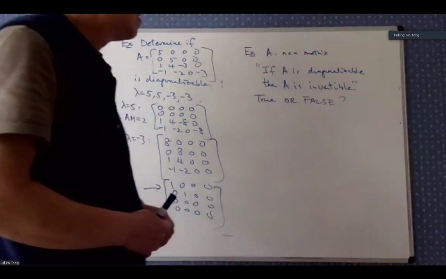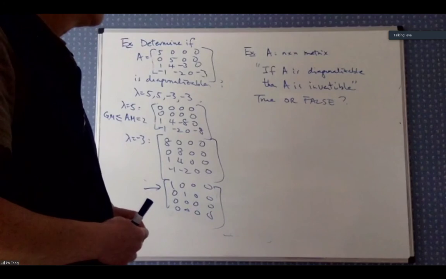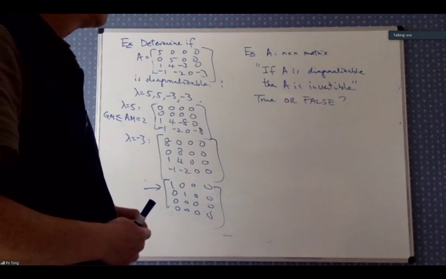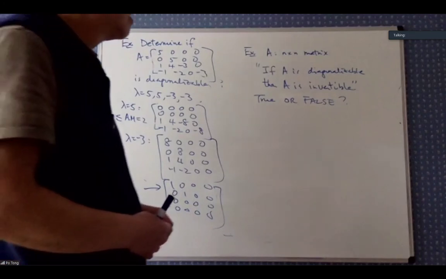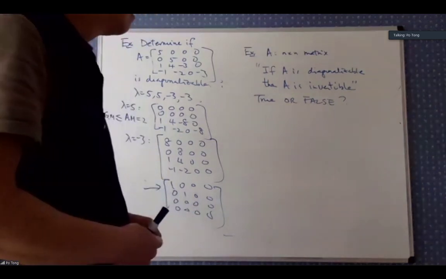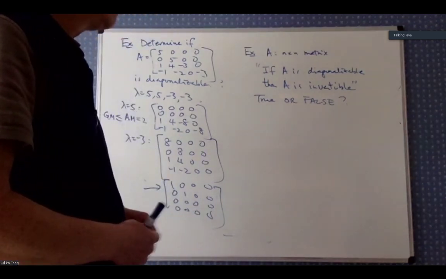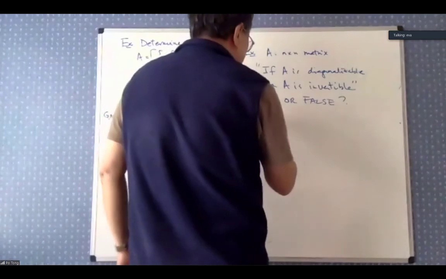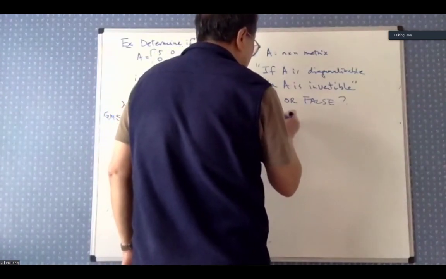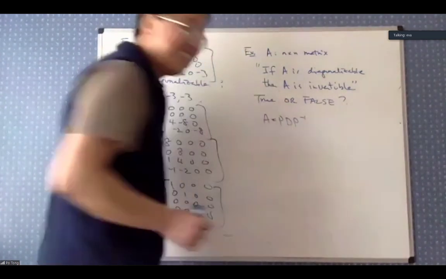And so you need that for P. Okay. And so I think that means A is invertible. That was kind of weak.